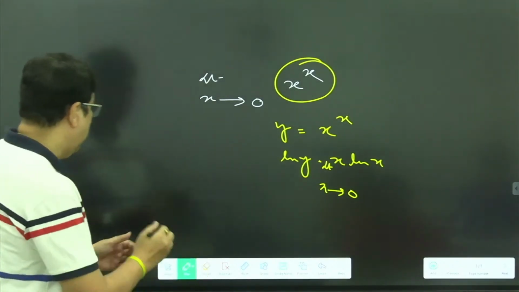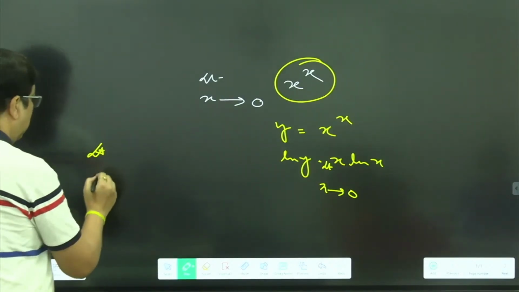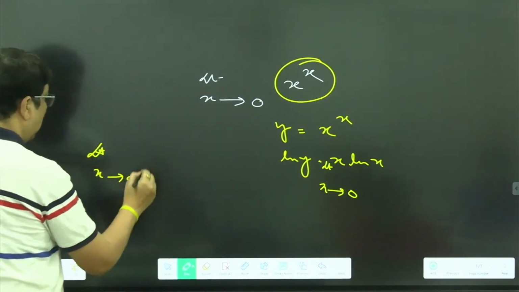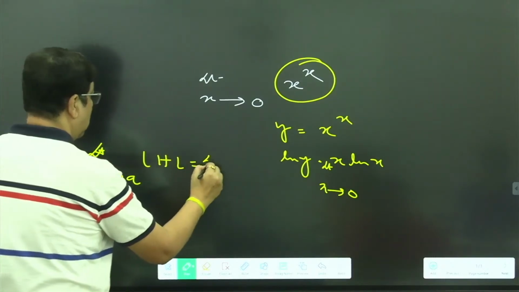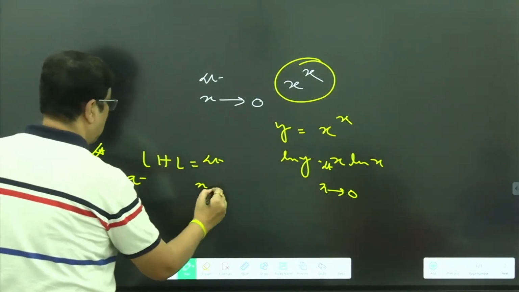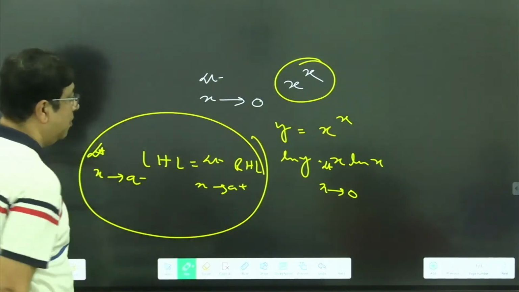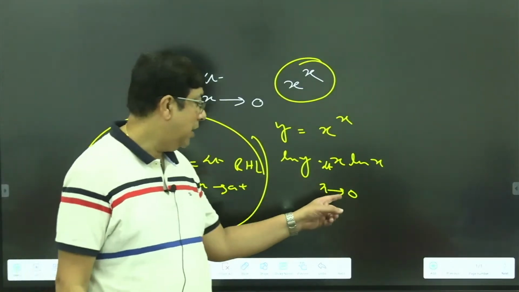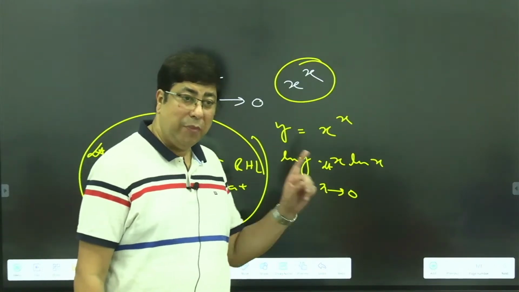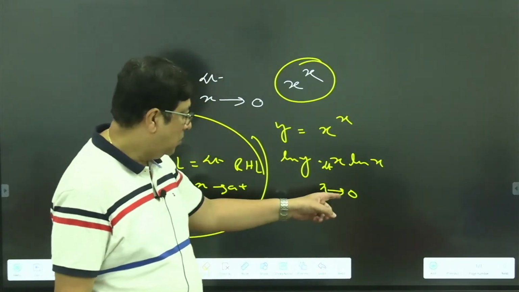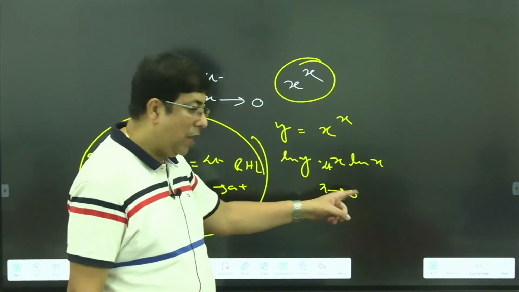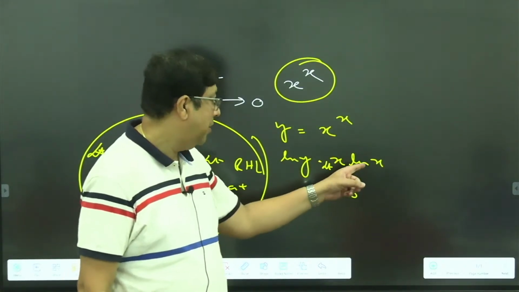When the left-hand limit, as x tends to a, equals the right-hand limit, we can say that the limit exists. But remember one thing: limit x tends to 0 minus. 0 means 0 plus and 0 minus. Limit x tends to 0 minus, the limit does not exist.